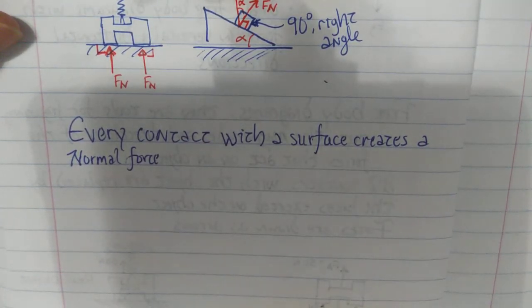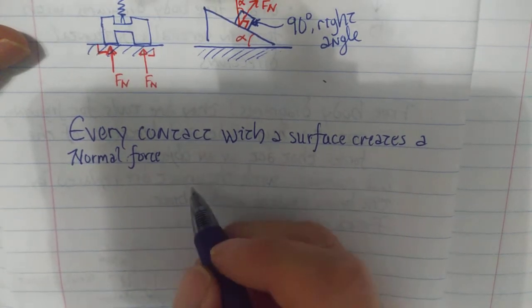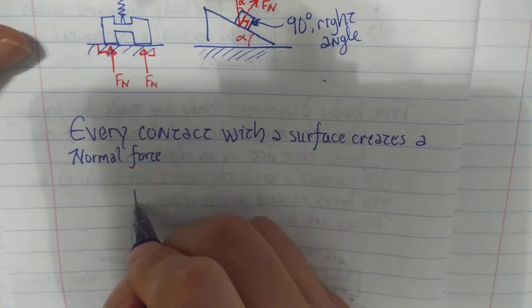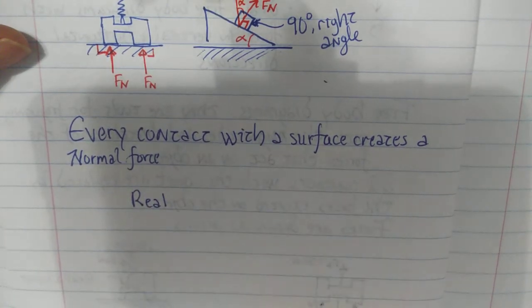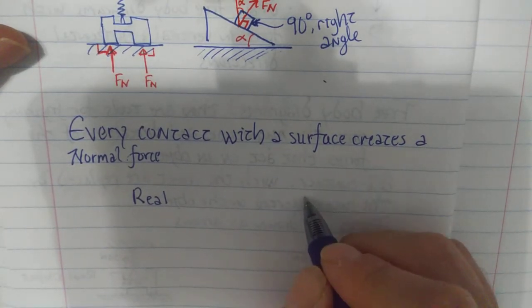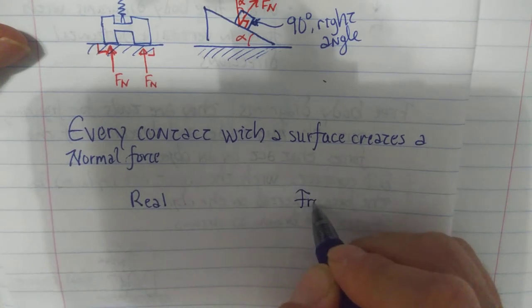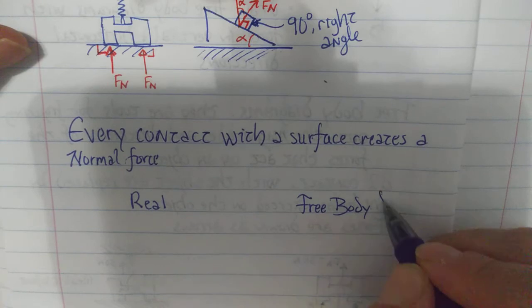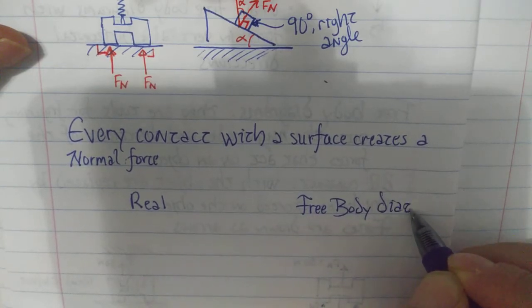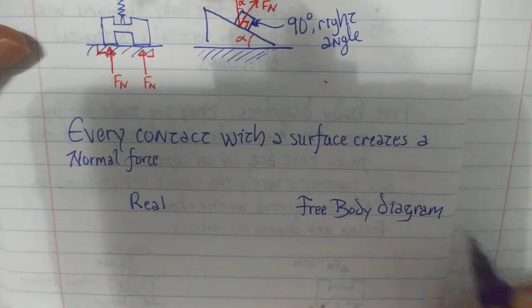So then let's just draw what they mean. So here's the real object. And then this will be the free body diagram.